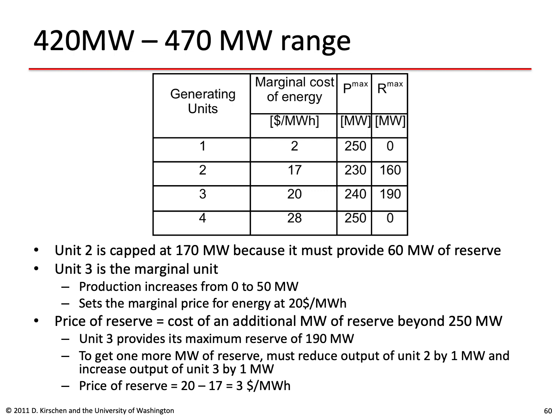But that means we need to reduce the energy output of unit 2 by 1 megawatt and increase the output of unit 3 in terms of energy by 1 megawatt. Therefore, the price of reserve is the cost of this switch, meaning it's 20 minus 17, that's $3 per megawatt hour. That is the difference in the marginal cost of producing energy with Unit 3 and Unit 2.